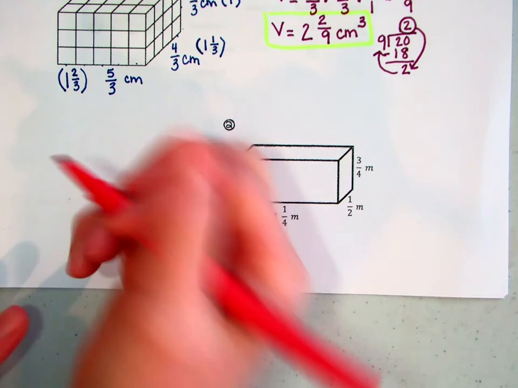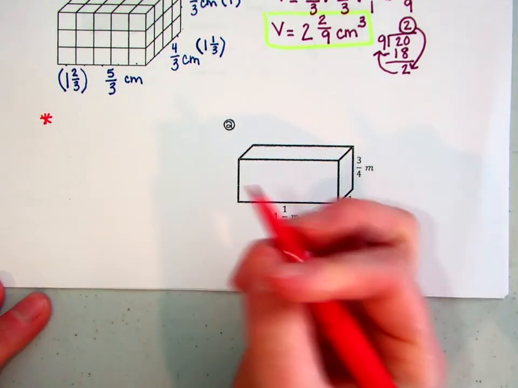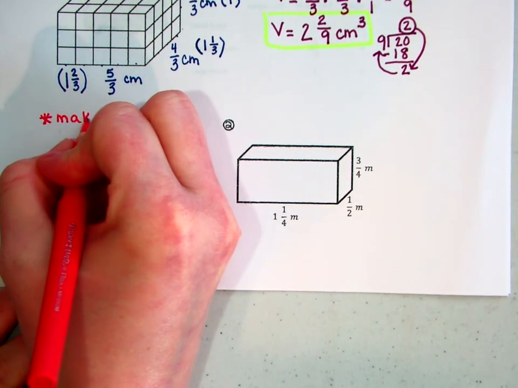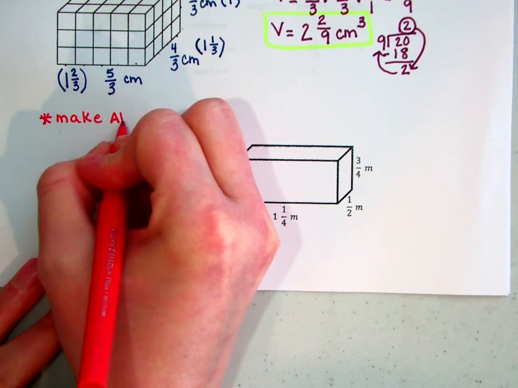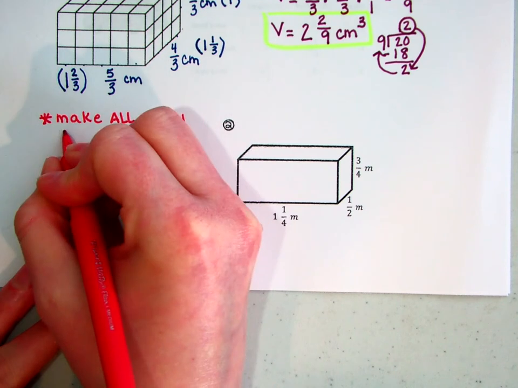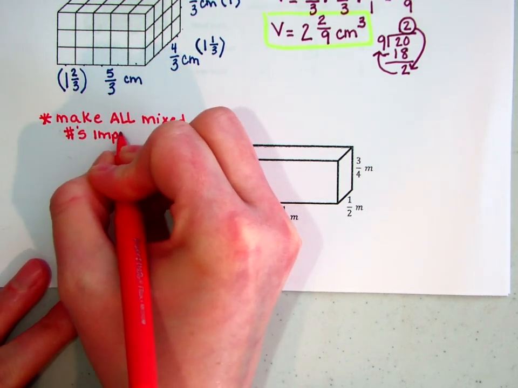So I want to do a little side note right here, and I want to say, make all mixed numbers improper. I'm going to use the symbol for numbers, just so we don't have as much to write.